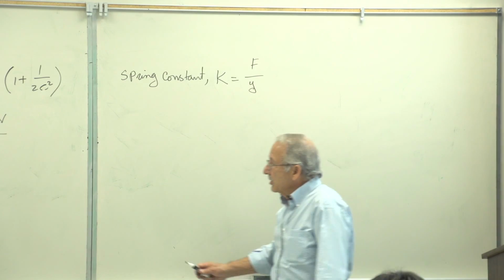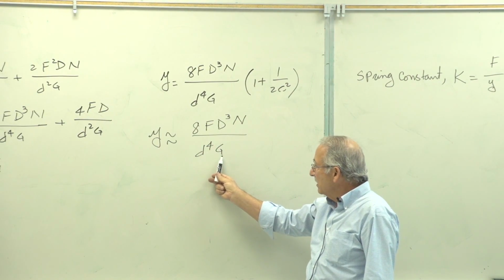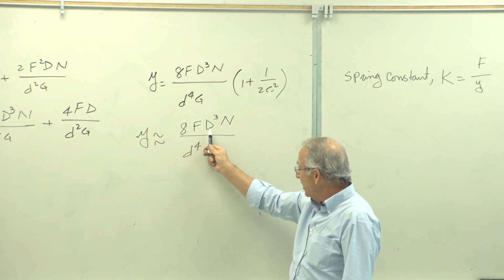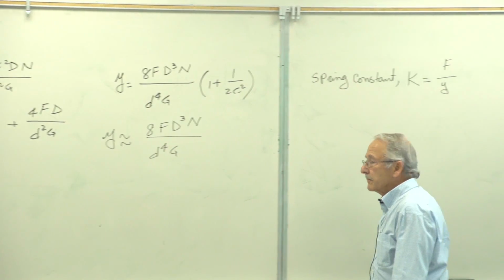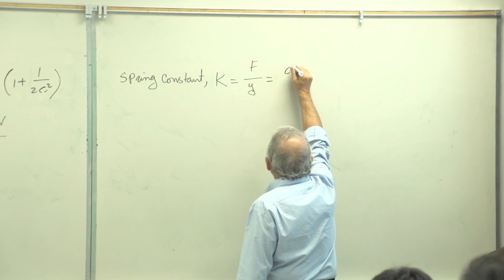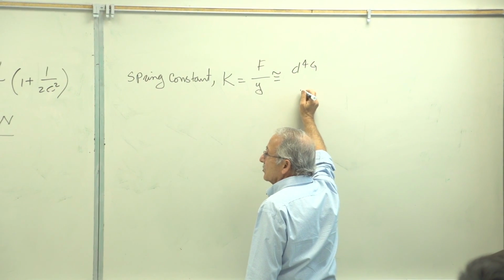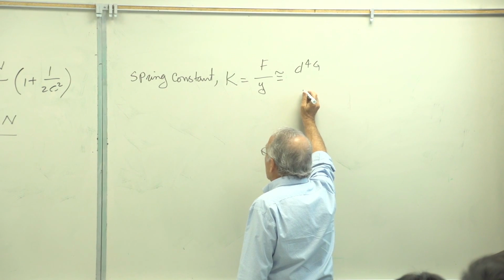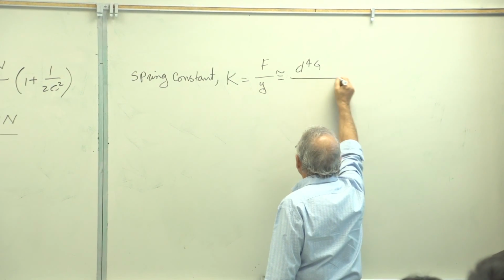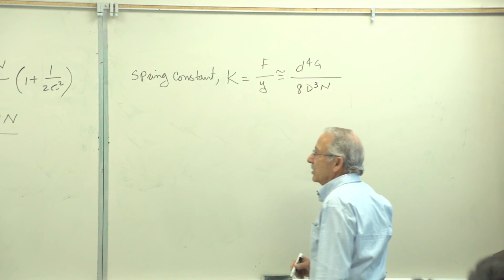And if you take a look here, F divided by y is equal to d to the fourth G divided by 8 D cubed N. So that comes out to be approximately d to the fourth G divided by 8 D cubed N.